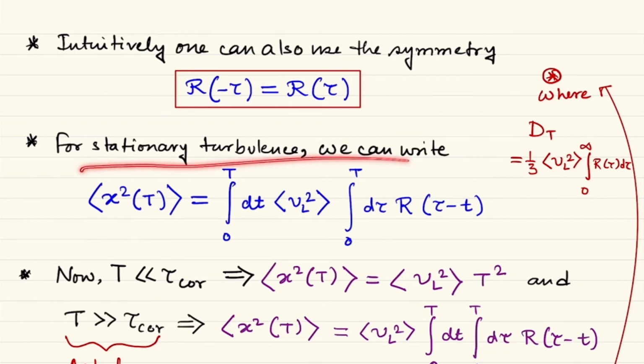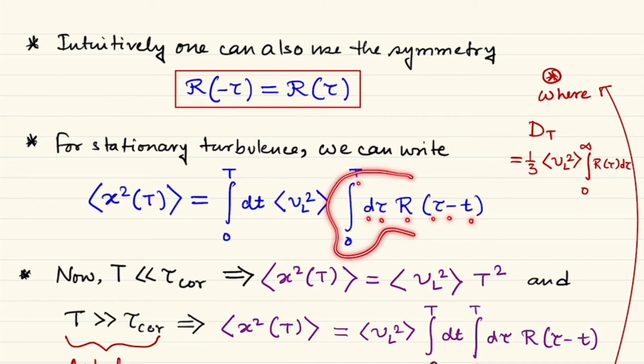Now for stationary turbulence, we can write this. Our final objective is to determine the mean square displacement. Why, I will come to later. The mean square displacement, the average of x square t, is equal to the integral from 0 to t dt of the angular bracket VL square, which is a constant, so it can go anywhere, times the integral from 0 to t d tau r of tau minus t.